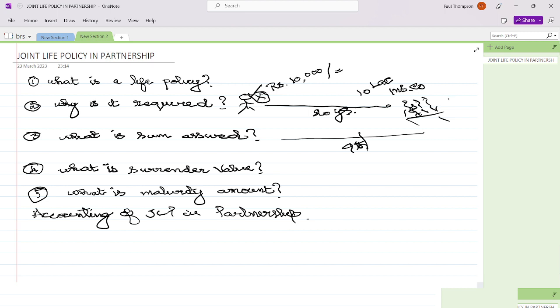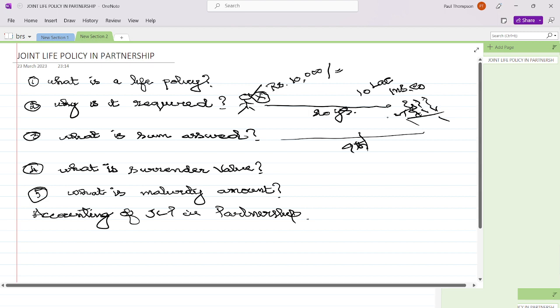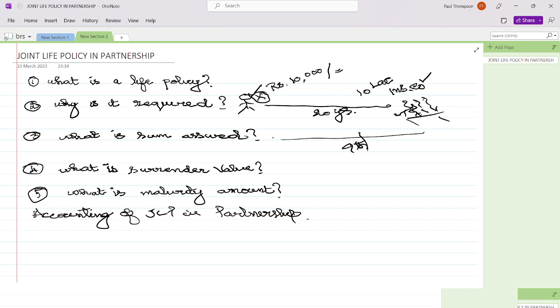Then what happens? The insurance company will pay to the survivor 10 lakh rupees. This is the amount known as sum assured. Sure shot, they will get rupees 10 lakh. There is no need to pay the premium for the further period. So this is known as sum assured.